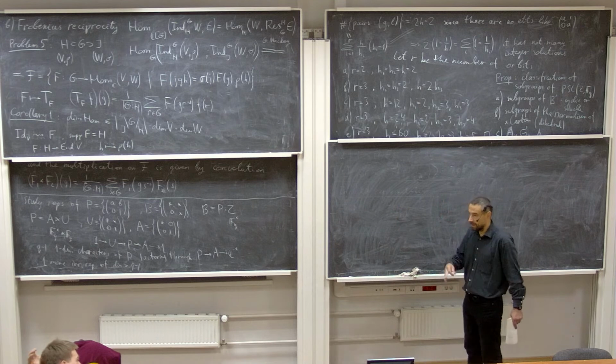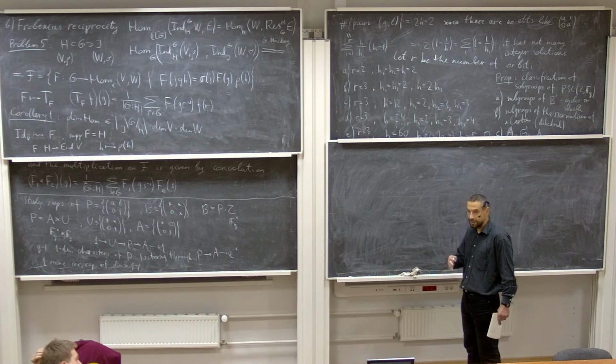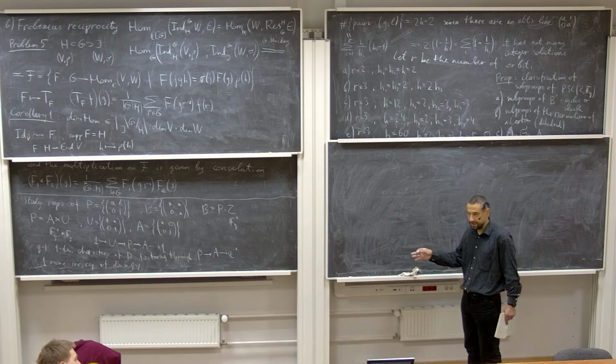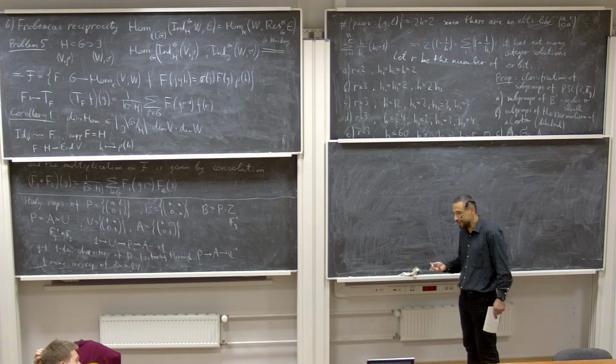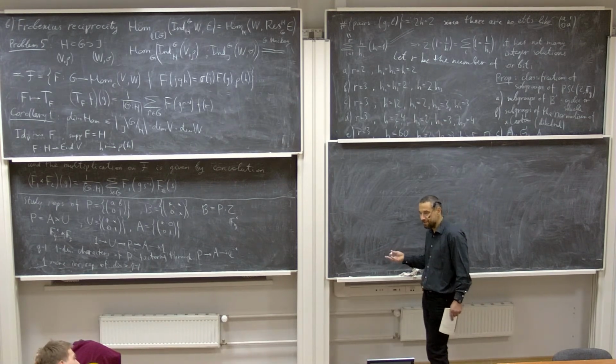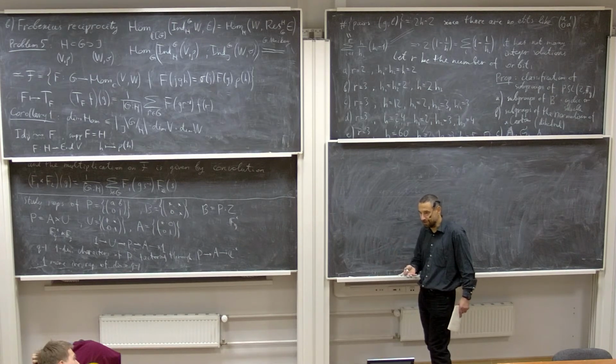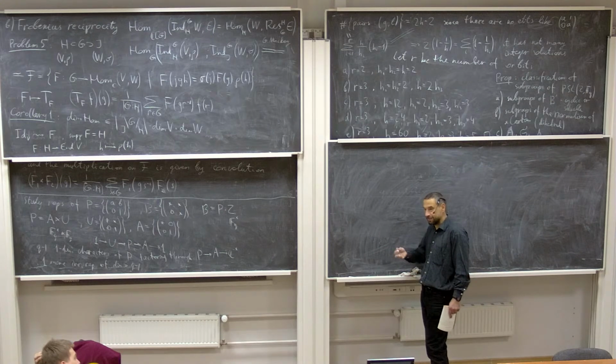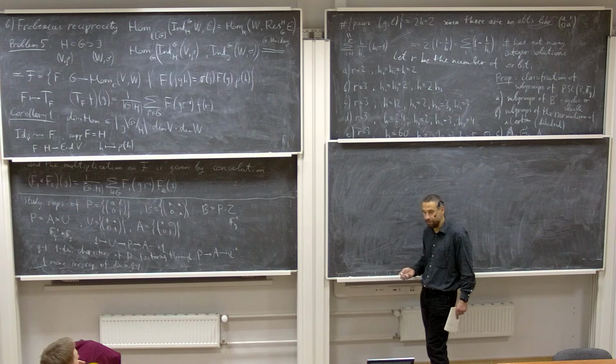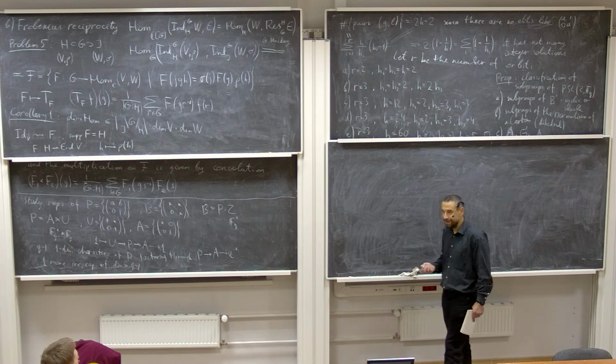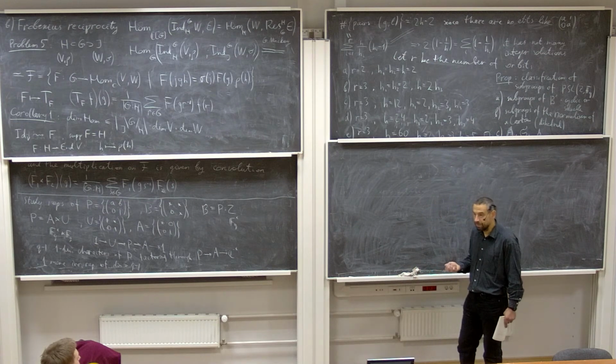So given an arbitrary function, you can decompose it with respect to this basis. And the coefficients of this decomposition may be viewed as another function from the set of characters to complex numbers. This function is called the Fourier transform of the original function.